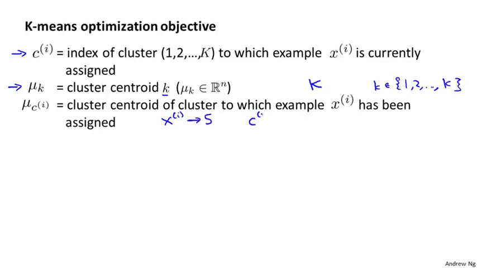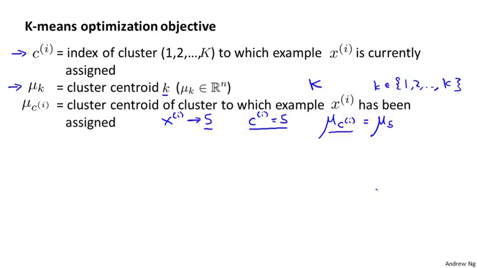What that means is that c^i, the index of x^i, is equal to 5, because having c^i equal 5 is what it means for the example x^i to be assigned to cluster number 5. And so mu subscript c^i is going to be equal to mu subscript 5. This mu subscript c^i is the cluster centroid of cluster number 5, which is the cluster to which my example x^i has been assigned.